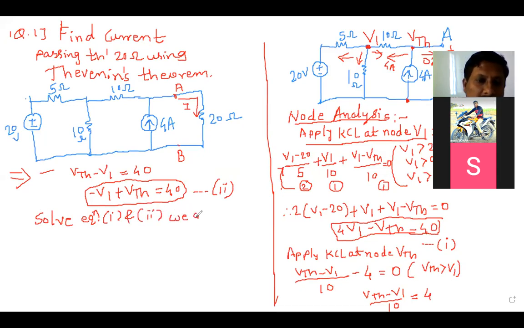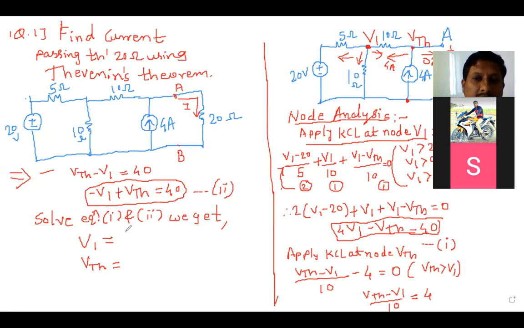We get... So can anyone tell what is the V1 value and the VTH value? Here we are getting VTH. What is the answer of V1 and VTH? Fast. Calculate and tell.